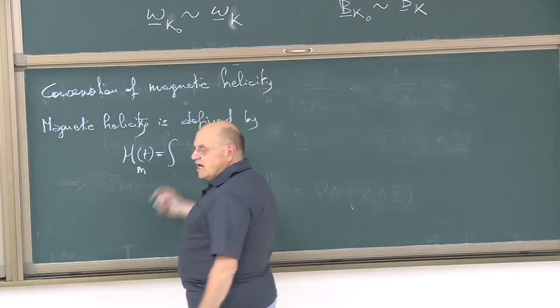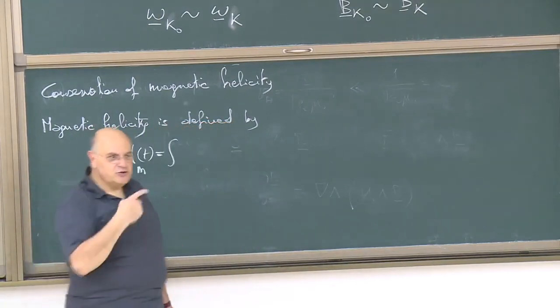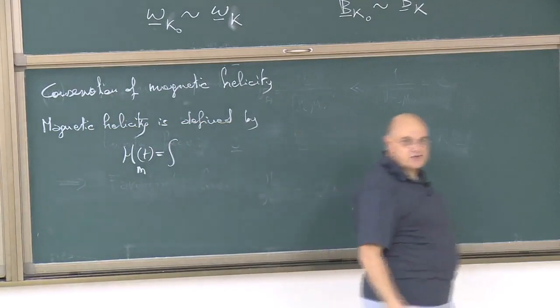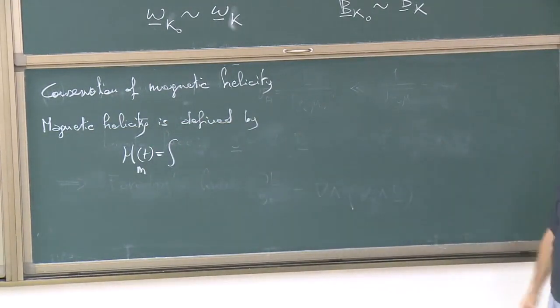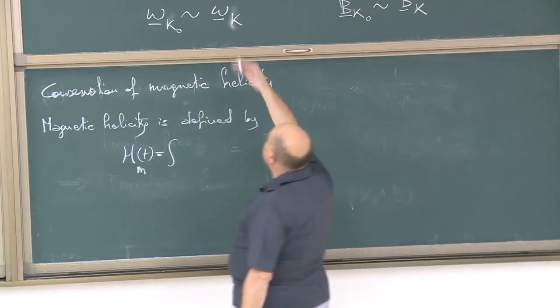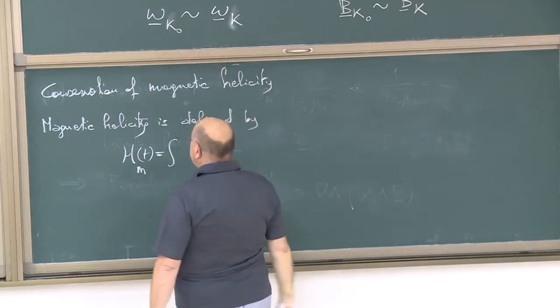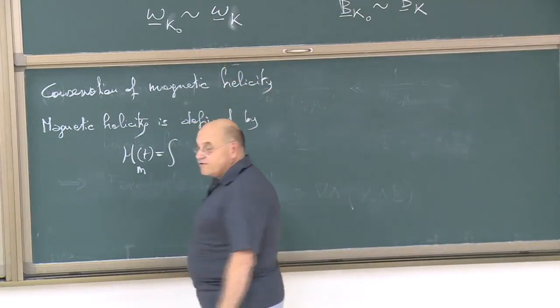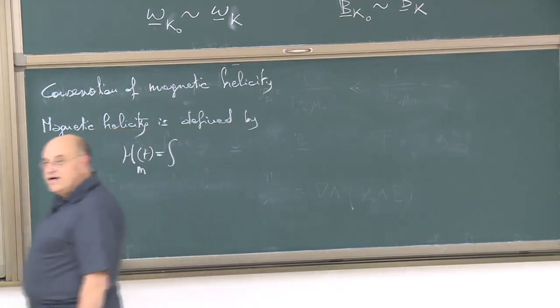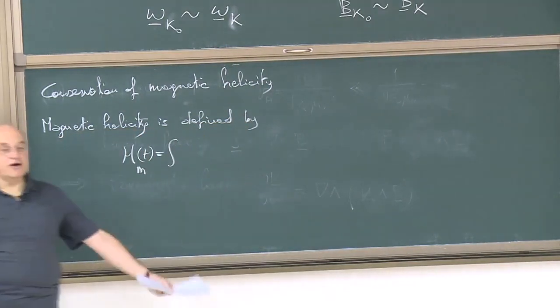And this integral, by analogy, you may guess what it is, because we saw this situation before, the analogy between vorticity and magnetic field: we have to have a field times its curl.